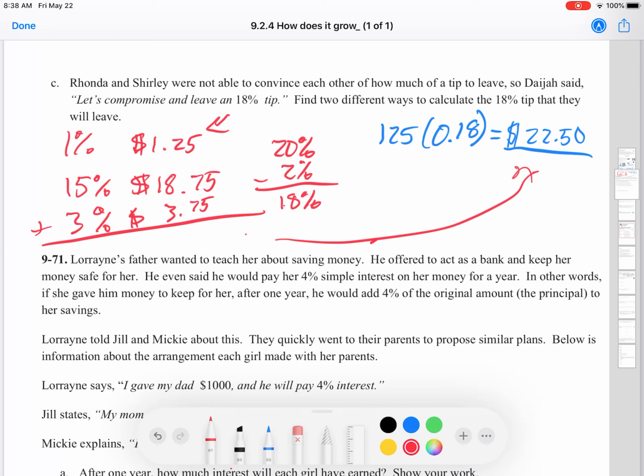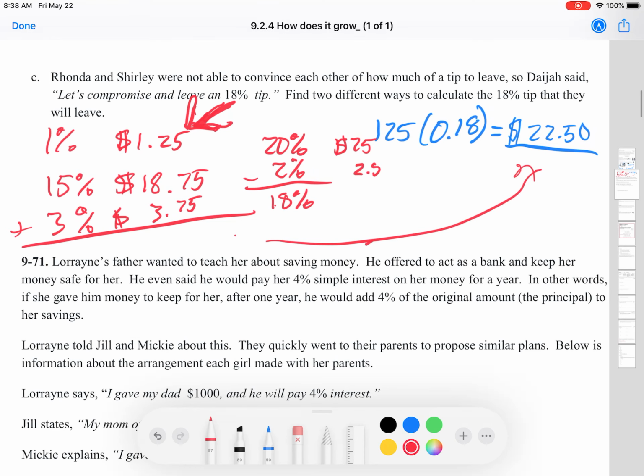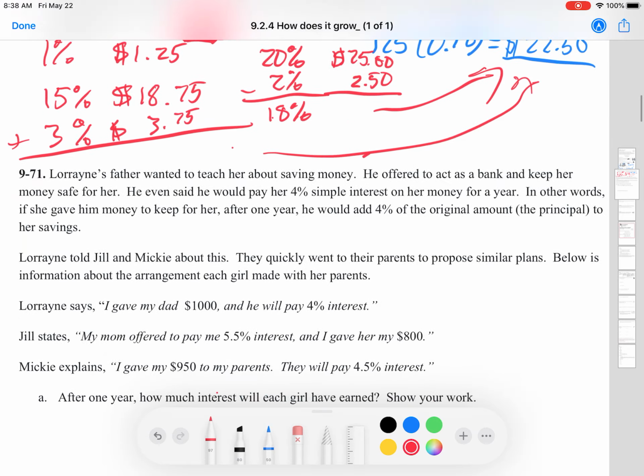From the previous problem, 20% was $25. And what's 2%? 2% is two of those, right? And that is $2.50. So we subtract, and what do we get? $22.50. Okay, all good options for finding that out.